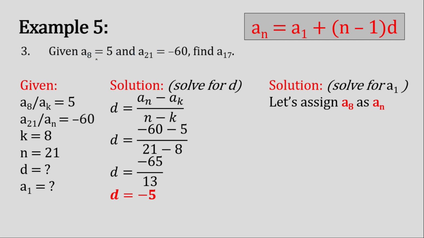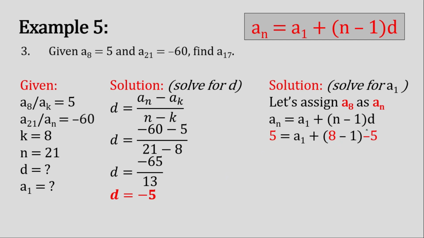So I prefer to use a sub 8 as our a sub n, or our last term. So what's the value of our a sub n? We have a sub 8. Since we use a sub 8, the value of our n will change into 8. So that's why we change this into 8.